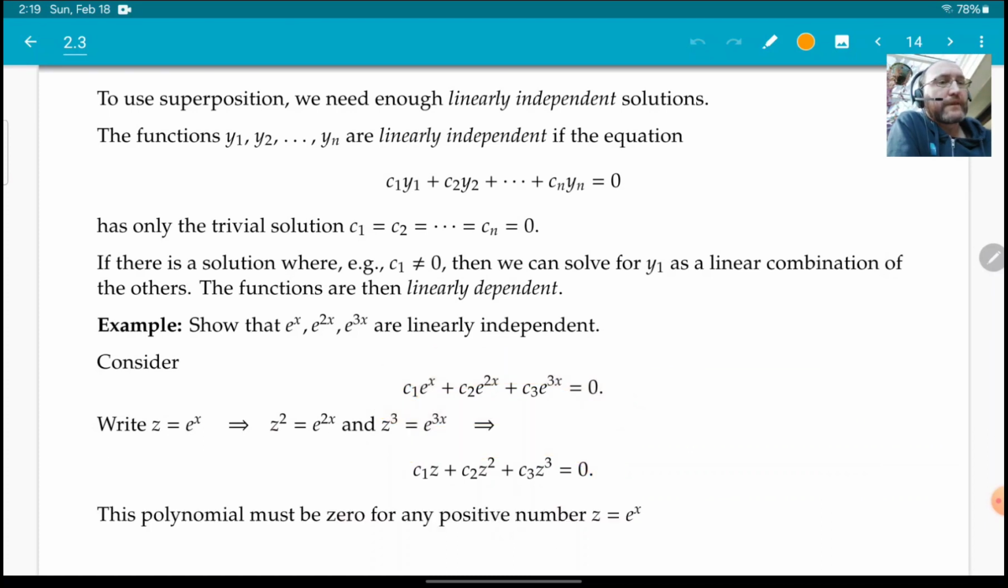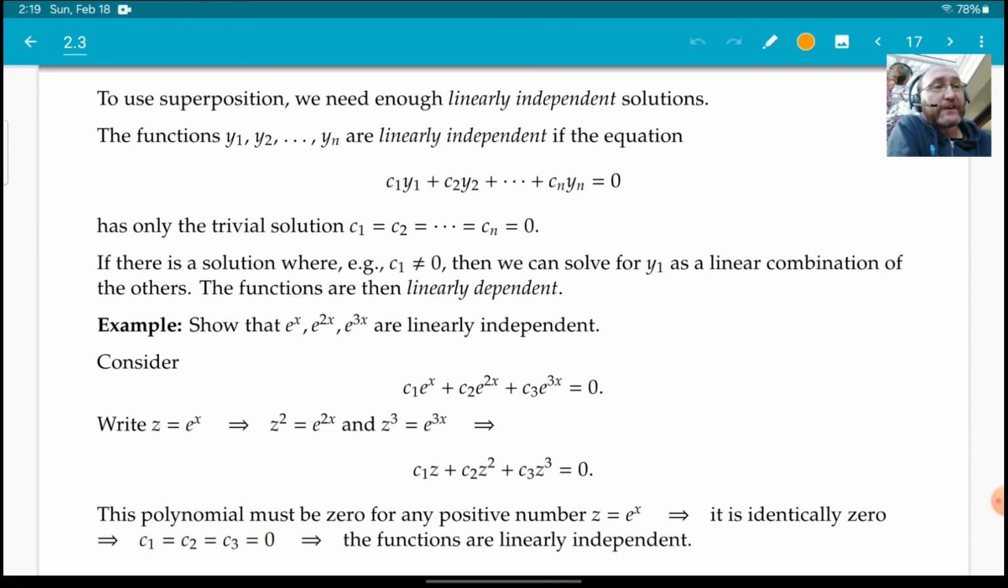Now, this polynomial has to be 0 whenever z is anything that you can write as e to the x, which is any positive number. If this polynomial is 0 for any positive number, it has to be the 0 polynomial. That is the only way that this can work. So the polynomial is identical to 0, which means that its coefficients are 0. Therefore, the only solution here is C1 equals C2 equals C3 equals 0, so the functions are linearly independent.